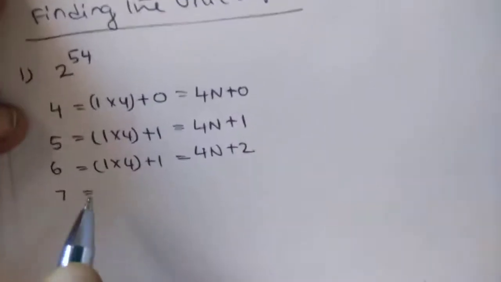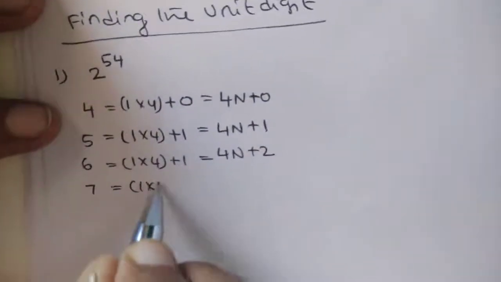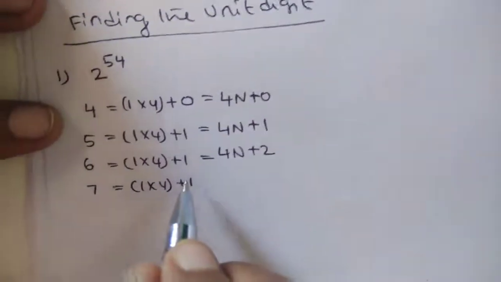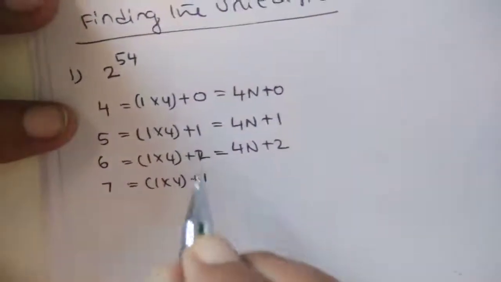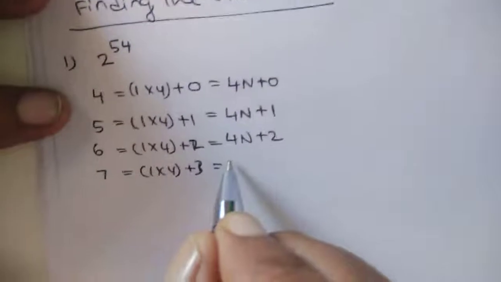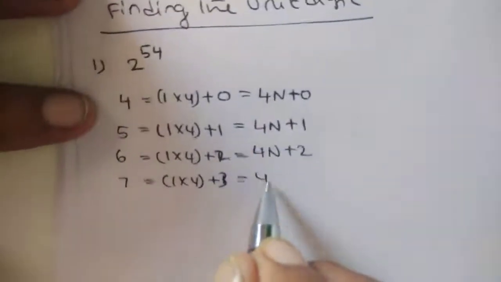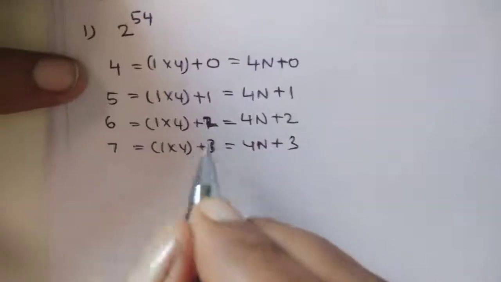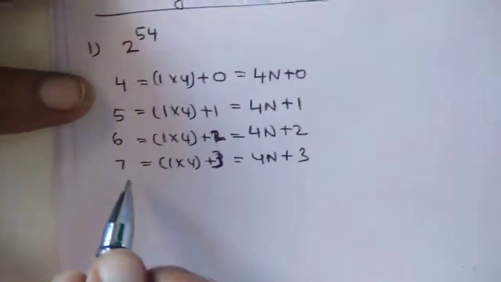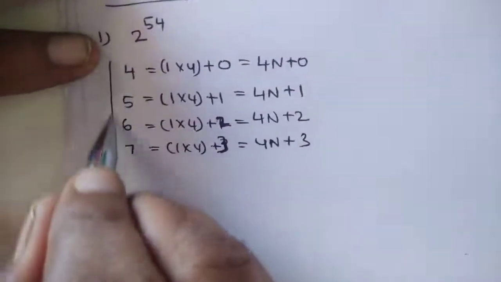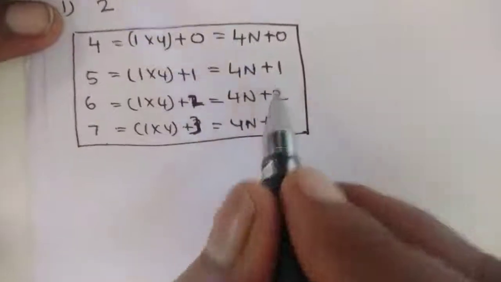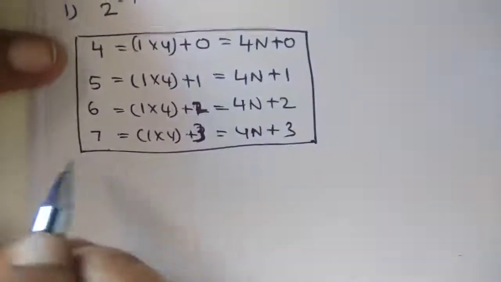Similarly, if you take number 7, it can be written as 1 into 4 plus 3, the remainder is 3, 4n plus 3 system. So this you remember. Now we apply this rule: 4n plus 0, 4n plus 1, 4n plus 2, 4n plus 3.